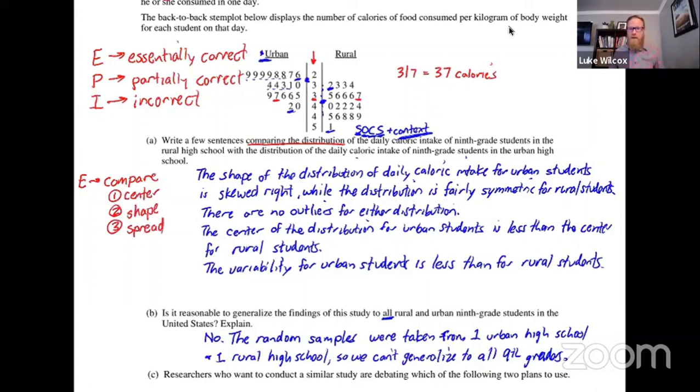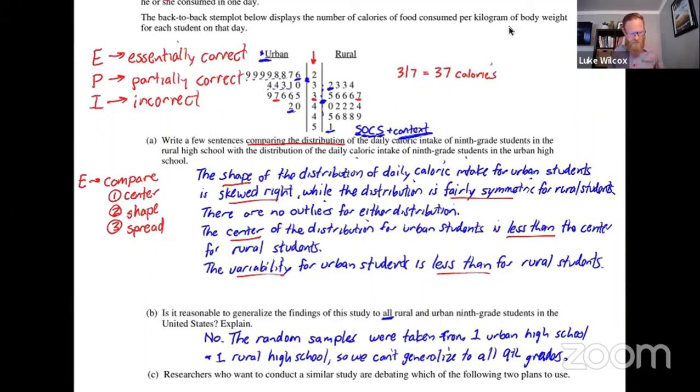And so when we look at this model solution here, comparing the center, we have center here, and we have used comparative words, and the comparison is correct. For shape, we have shape here, and we have compared the shape for the one distribution versus the other distribution. And for spread, we called it variability, and we have a comparative word there that is correct.